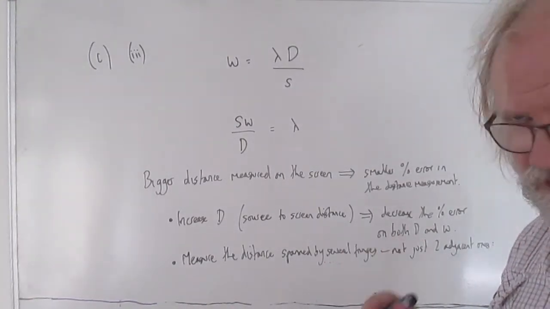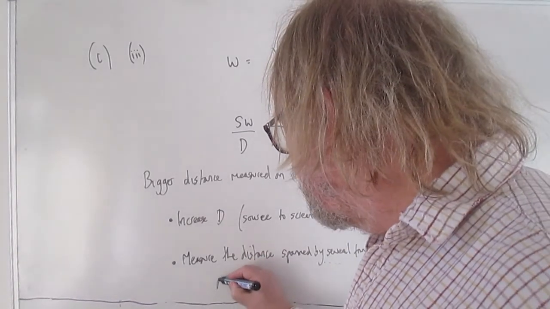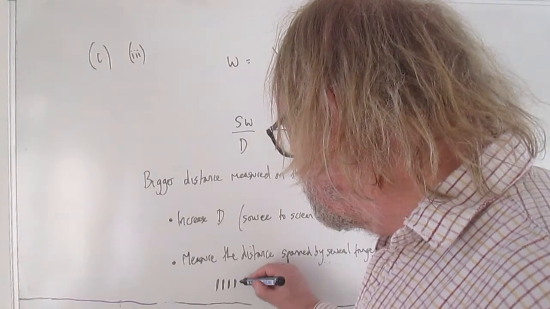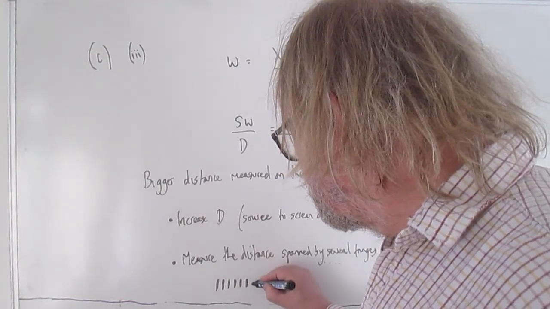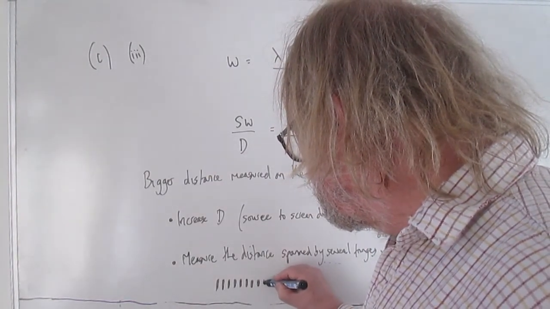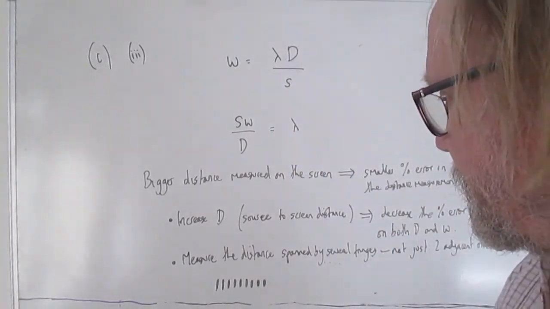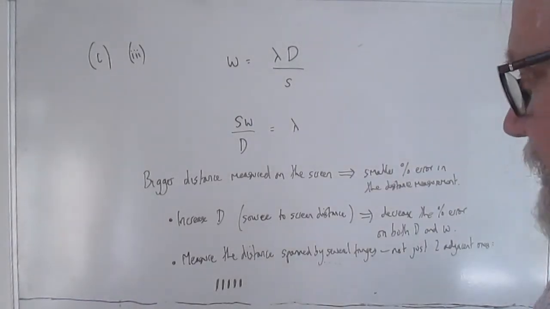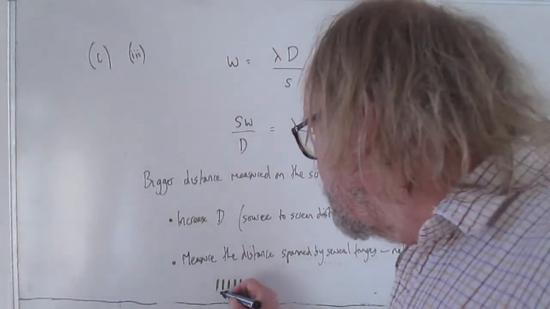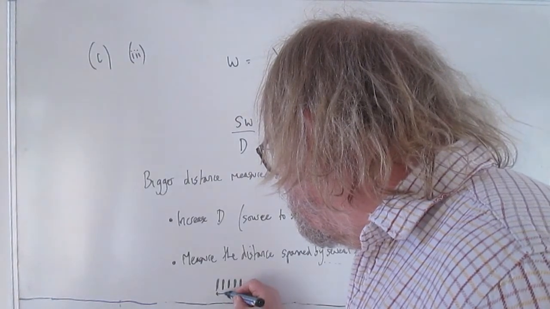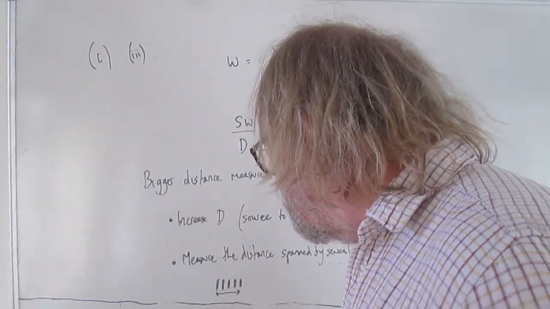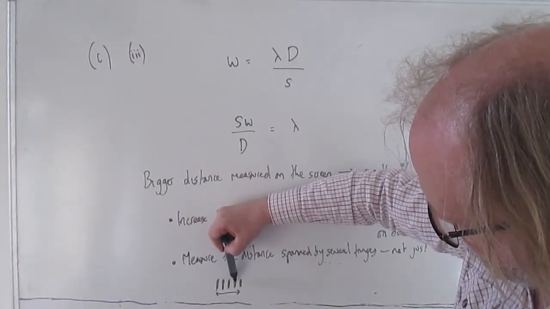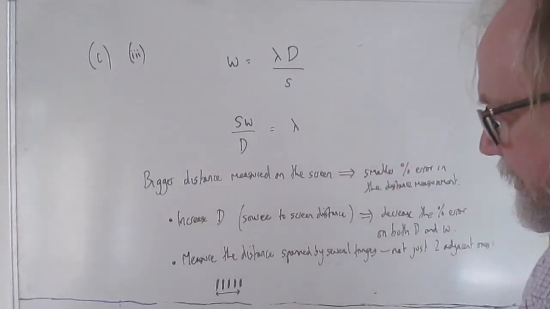A little picture is a good way to illustrate that, and say, right, if these are your bright fringes, then that distance is W, so that would be 2W, that would be 3W, that would be 4W.